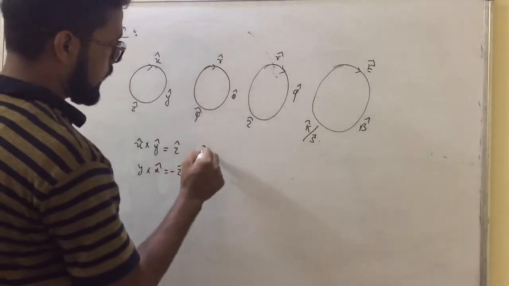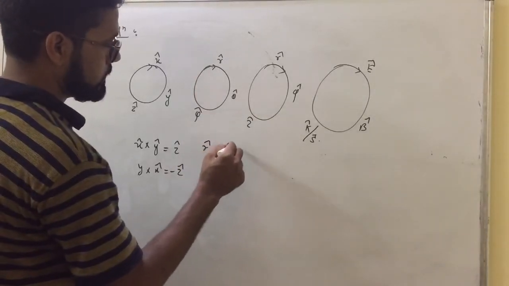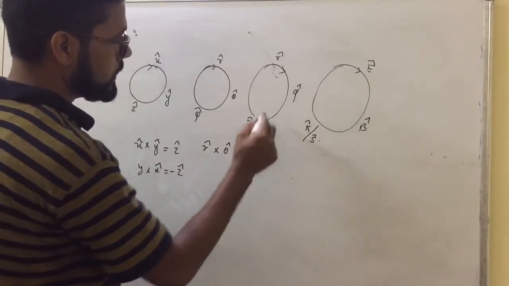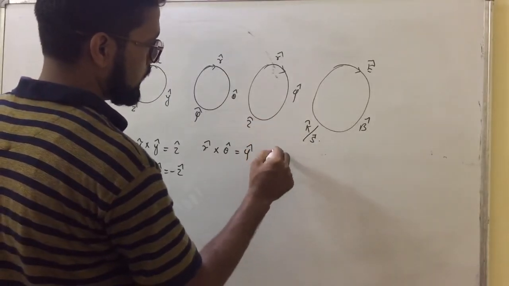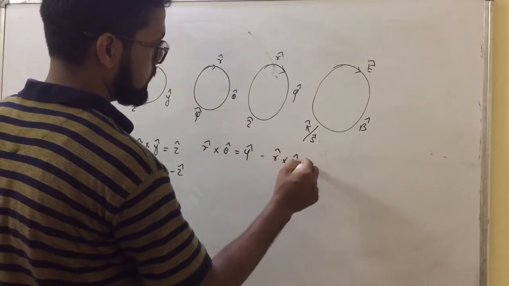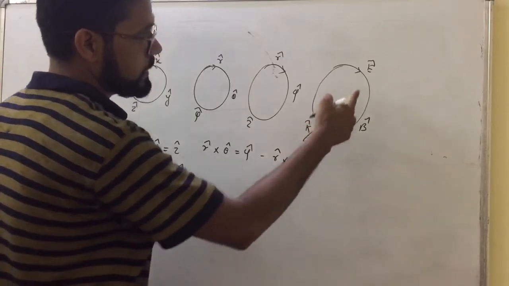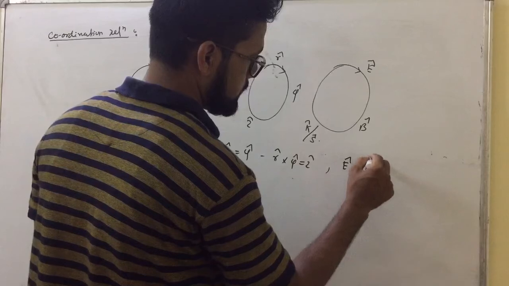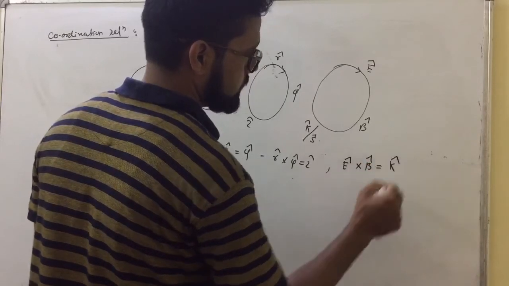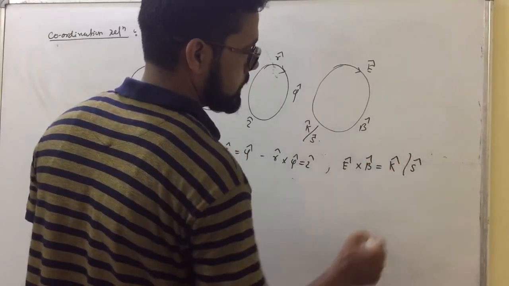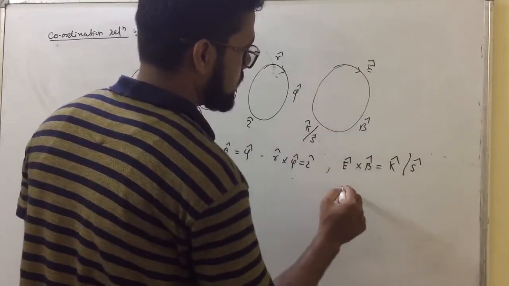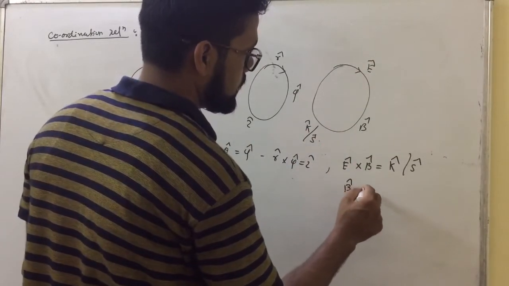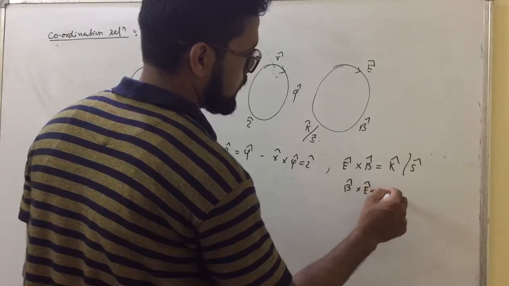Similarly, r cap cross theta cap equals phi cap, and r cap cross phi cap equals z cap. Similarly, the electric field unit vector E cap cross B cap equals K cap, or S cap. And in the anti-clockwise direction, B cap cross E cap equals minus K cap.